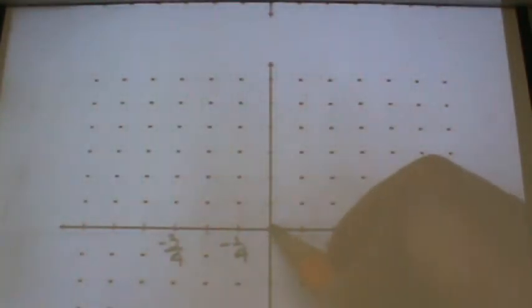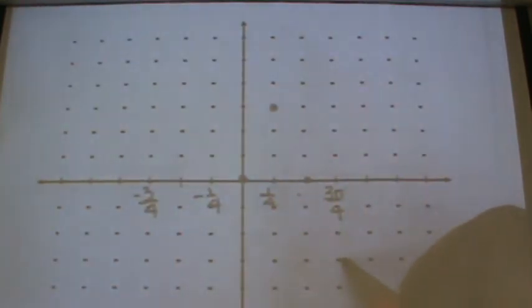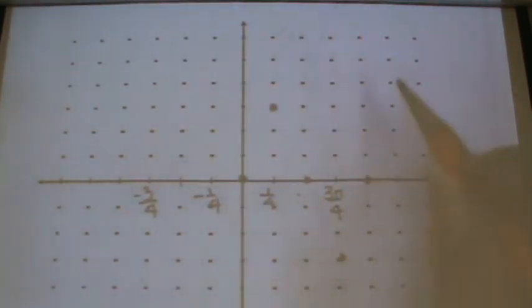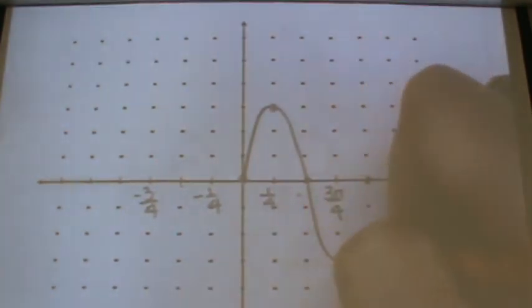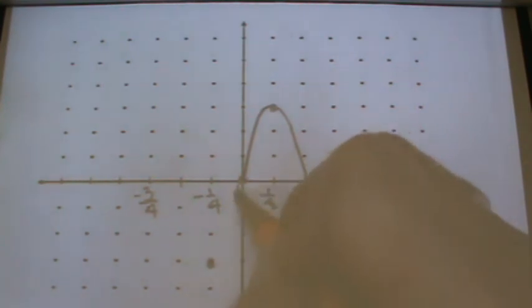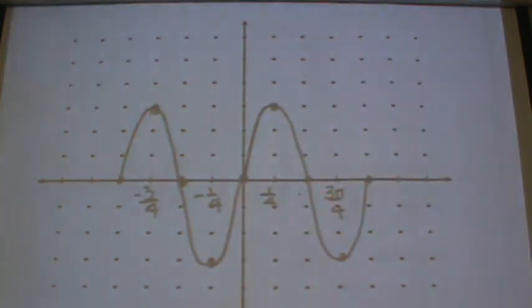What does the sine curve look like? 3 up, easy. And hit James.